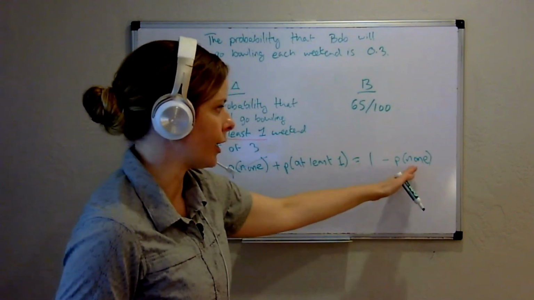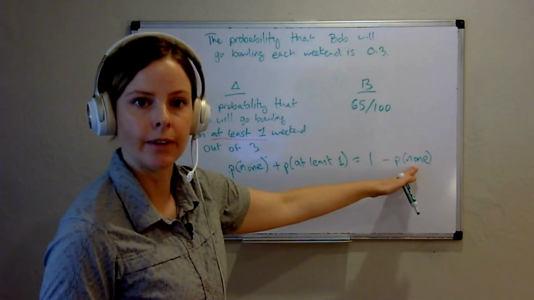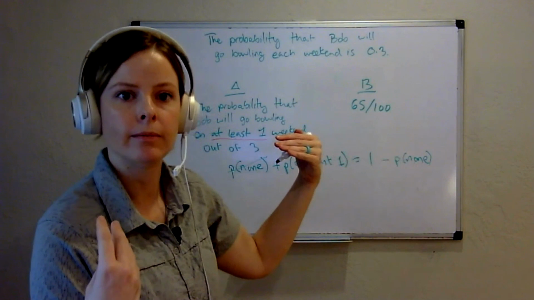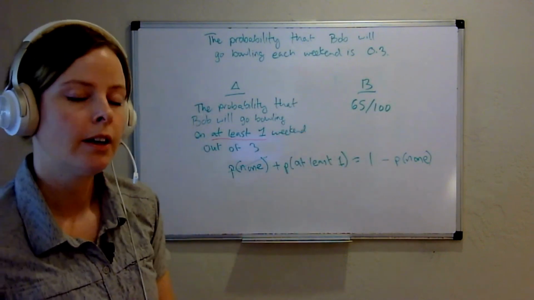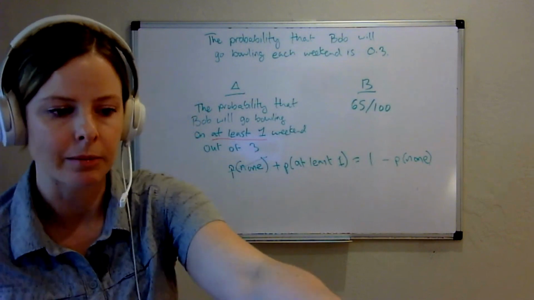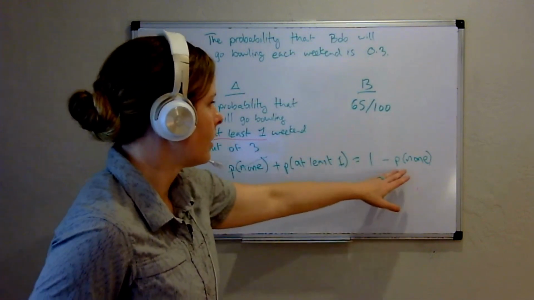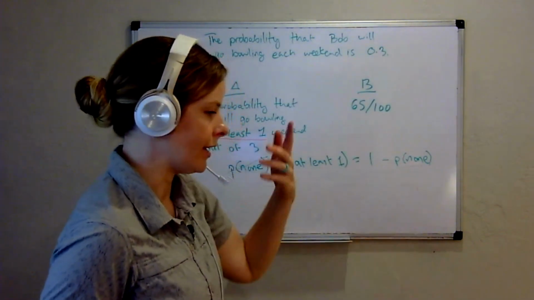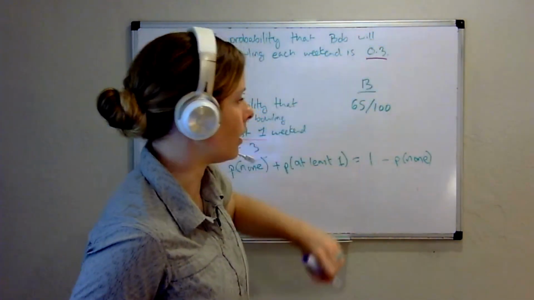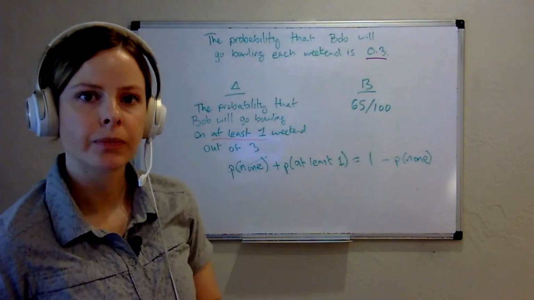Now, all we have to calculate is this, right? This probability of failure, of not going bowling, and then we just subtract it from 1. Much, much more straightforward than trying to calculate all the ways that he could succeed and then adding them up. So what is the probability that he won't go bowling at all? Well, the probability that he will go bowling on a given weekend is 0.3.